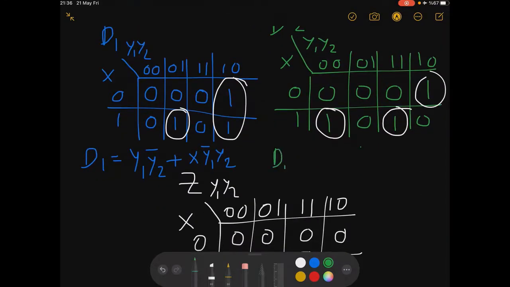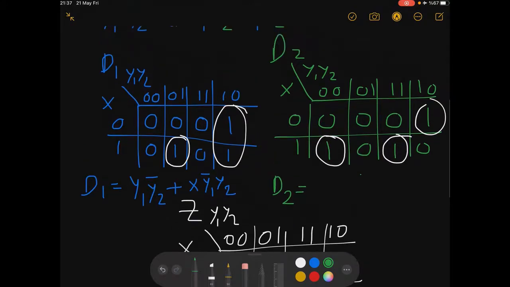And your D2 input will be your x y1 not y2 not plus x y1 y2 plus finally x not y1 and y2 not.